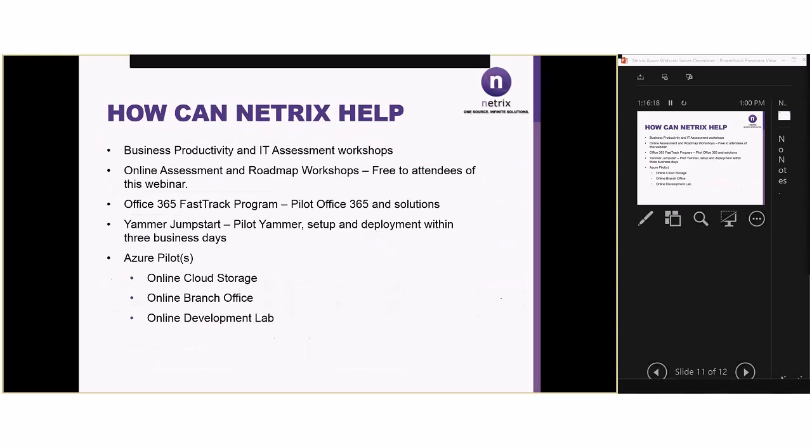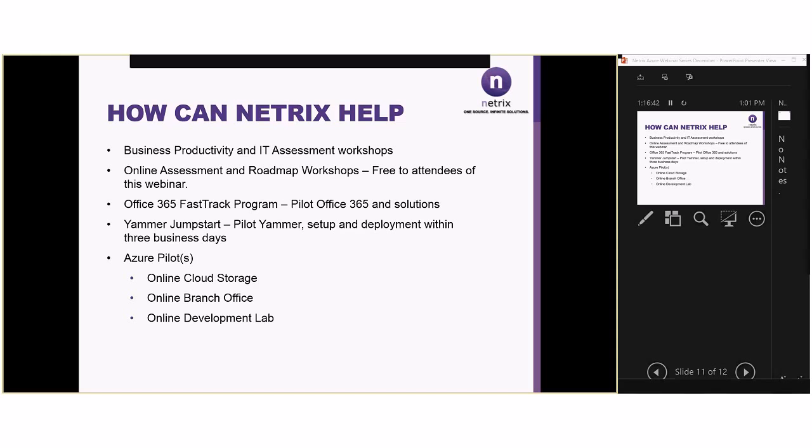How can Netrix help with this? And again, we're at the top of the hour, so I'm going to kind of run through this very quickly. Obviously, we're able to help out with all the delivery and road mapping and strategy sessions related to this. If you're looking to look at things like Office 365, where all of that is as a service, and essentially out in the cloud for those pieces and a hybrid deployment of that.